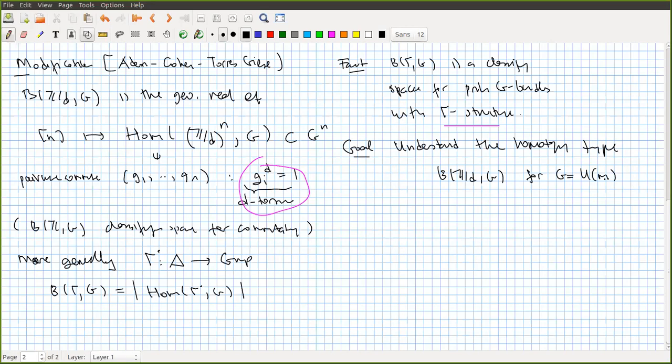Yes. On this definition of the classifying space, what happens when you have n equals 0? Sorry, where precisely? When you define the classifying space. Right here? Yeah. So what happens when you have n equals 0? Oh, n equals 0 is just a singleton, so this is regarded as the trivial group.